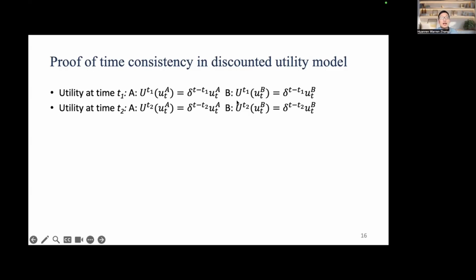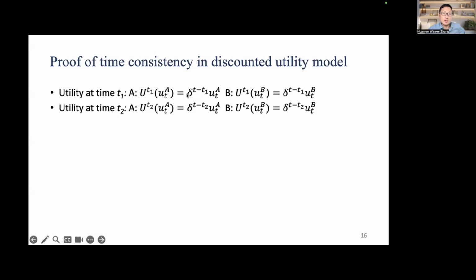So let's see why time consistency is implied by discounted utility model. So let's first calculate utility at time 1, T1. Right? So for choosing the outcome A, the corresponding discounted utility at T1 is expressed here, right?